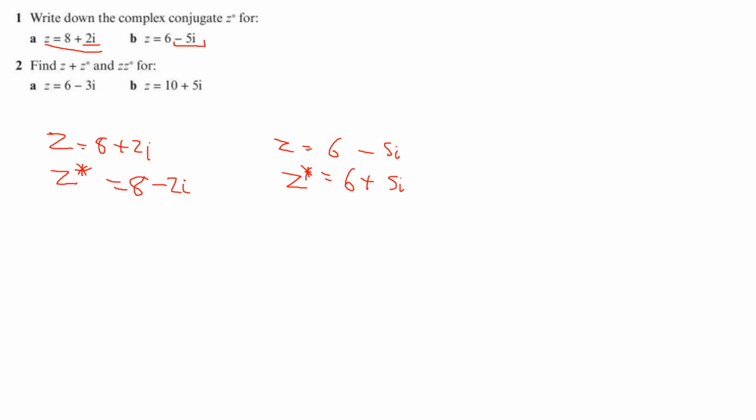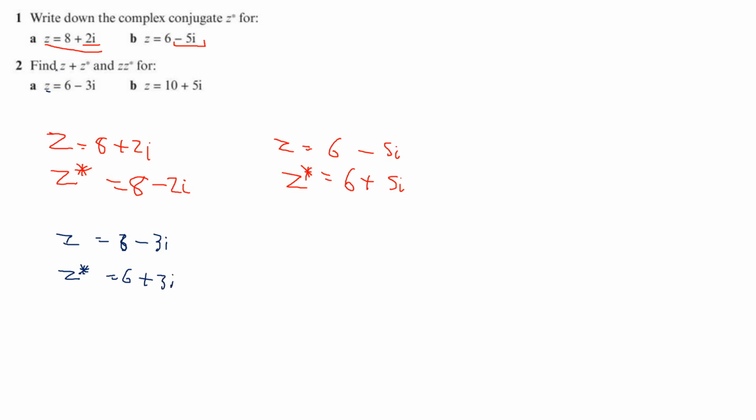And the reason why we can do this is because, let's say, we have z here. So z is equal to 6 minus 3i. Then z star is going to be 6 plus 3i. Okay?